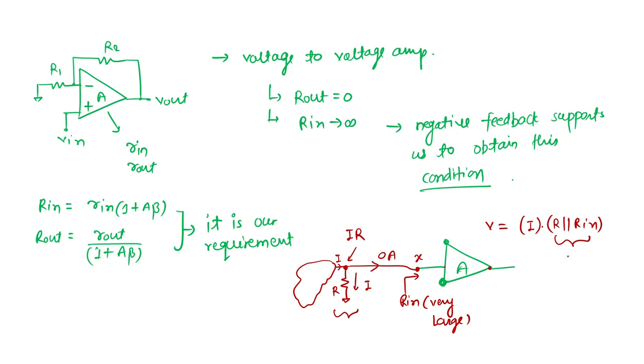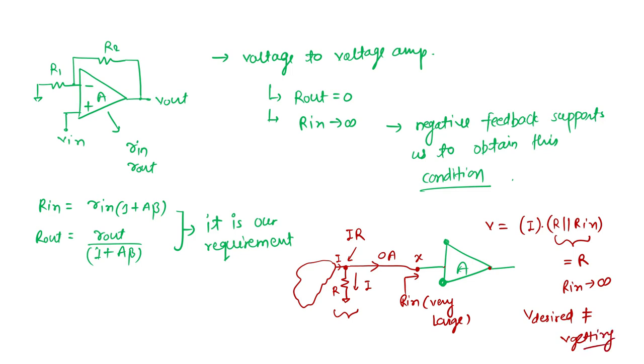If this is exactly equal to R, then it is fine, which means in that case Rn should be infinite. And if it is not exactly R, then what we desired is not equal to what we are getting.